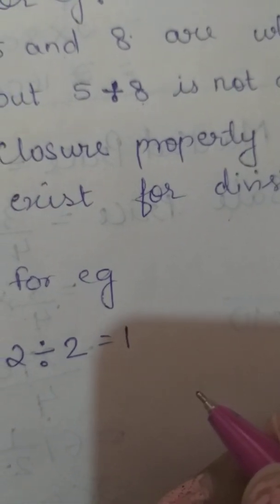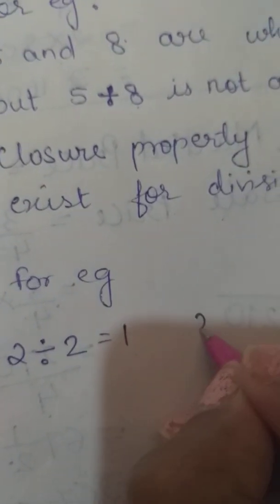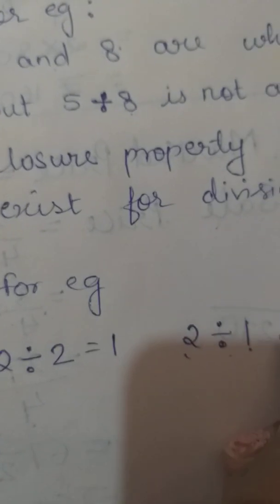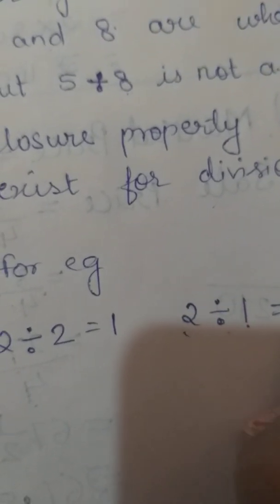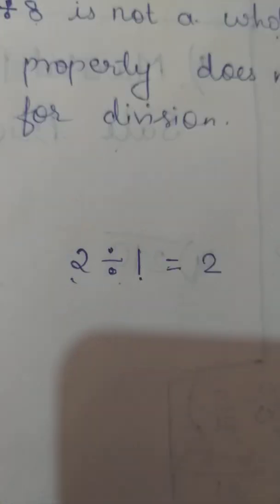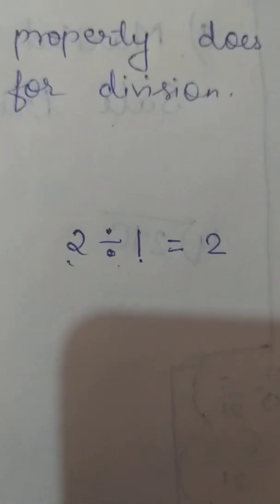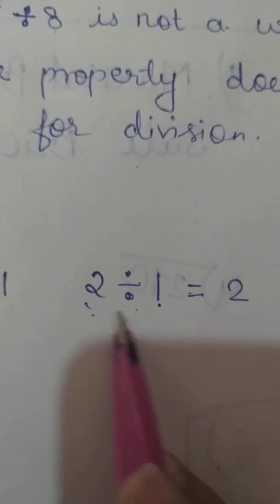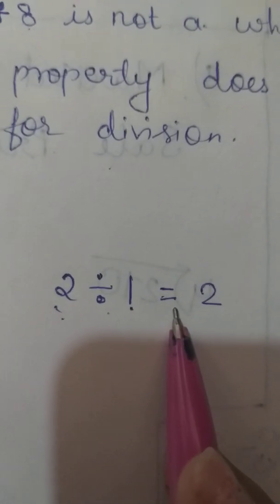But in this case we have to find like 2 divided by 1. Any whole number divided by 1, will it give the number itself? Yes. So the above statement is true. Any whole number divided by 1 gives the number itself.